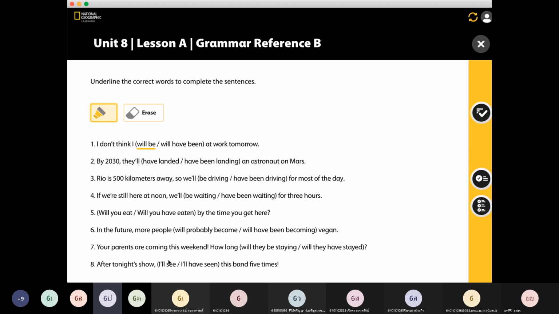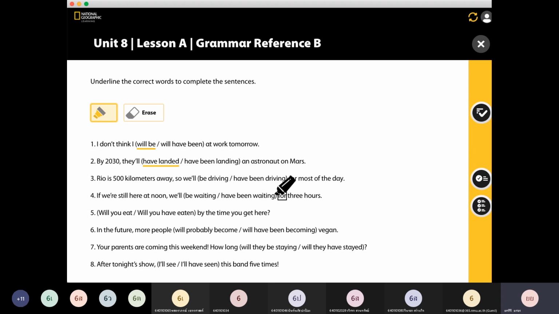Number 2 have landed. Okay, have landed. Number 3 be driving.